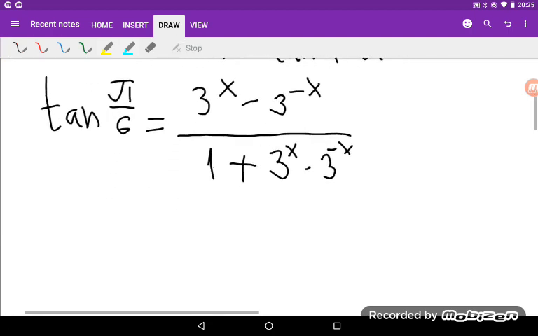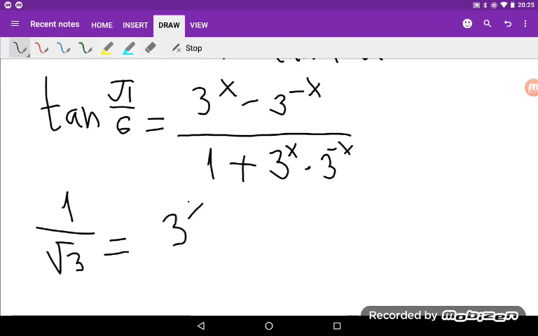Okay, now we know the value of tangent of pi over 6, so that will be 1 over square root of 3, and that's equal to 3 to the power of x minus 3 to the power of negative x over, and now this will be 1 plus 3 to the power of x times 3 to the power of negative x, that will be 3 to the power of 0, so that's 1. So we have 1 plus 1, and that's 2. So here we have 2.